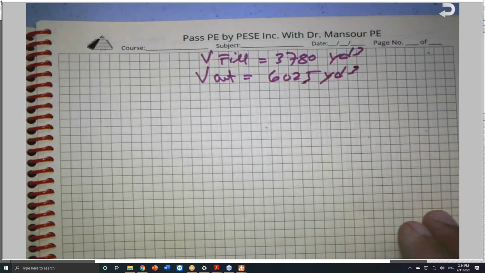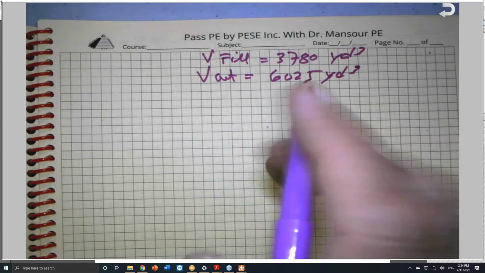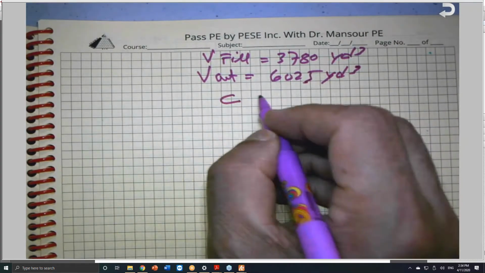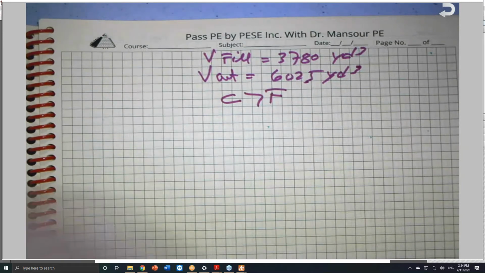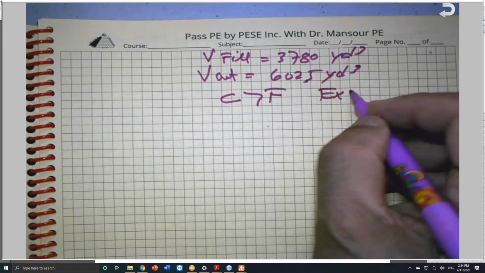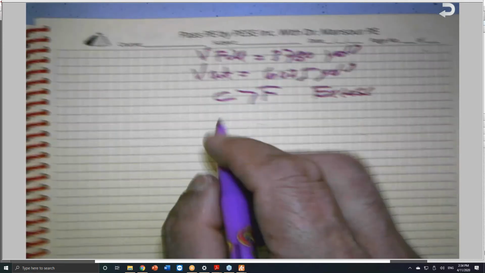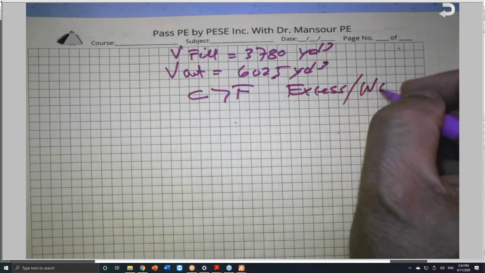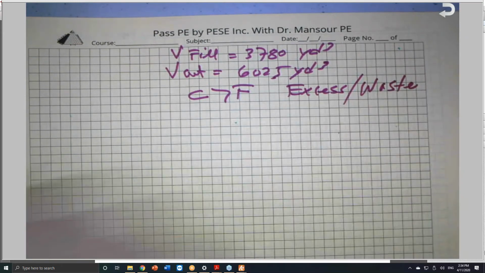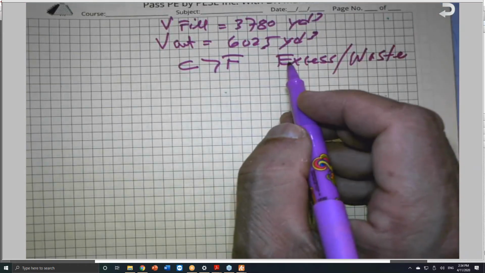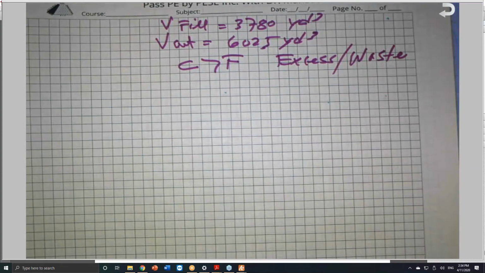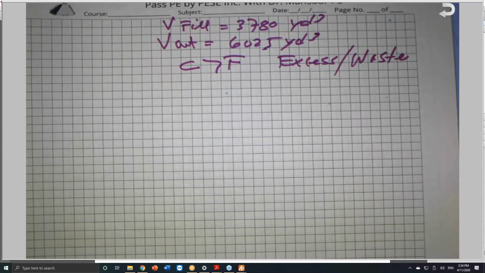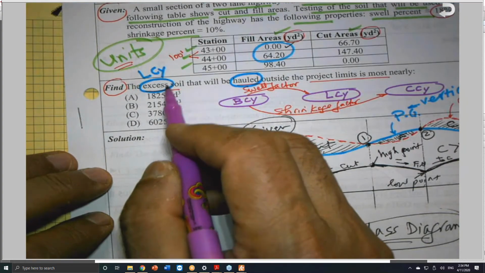So far, so good. As you can see here, the cut is greater than the fill. So we have excess, or sometimes we call it waste. That means that we have to haul the excess material out. And this is what he's asking for. What is the excess?